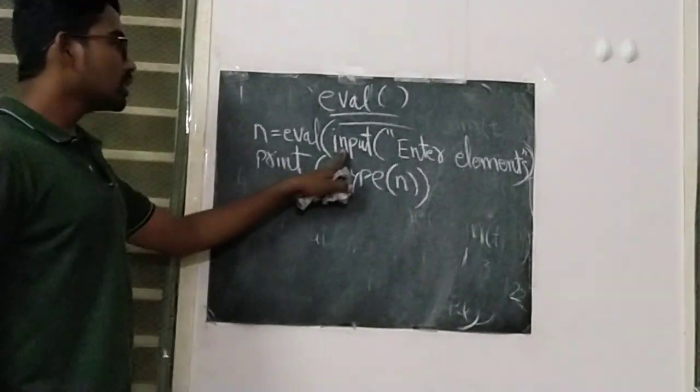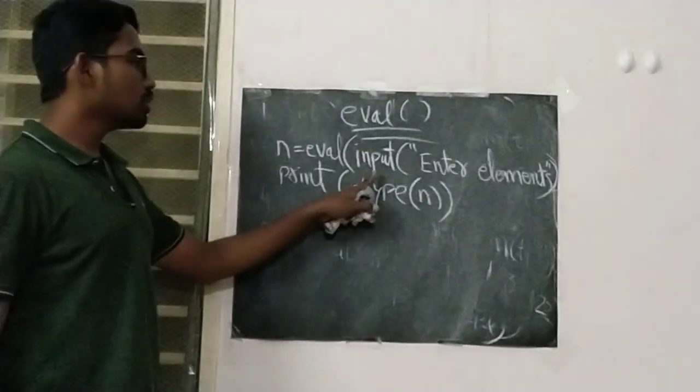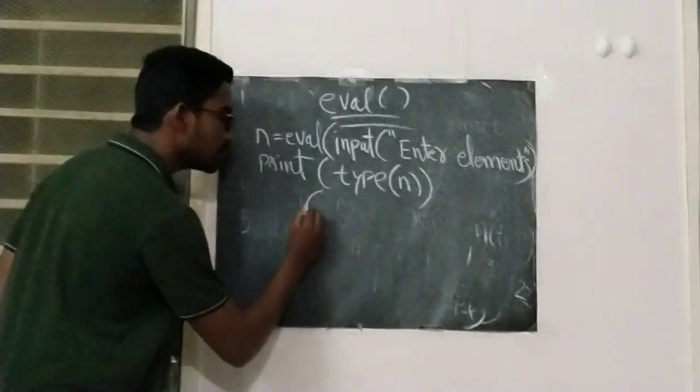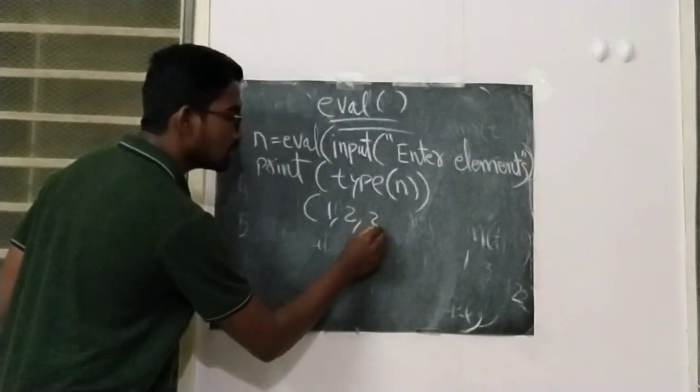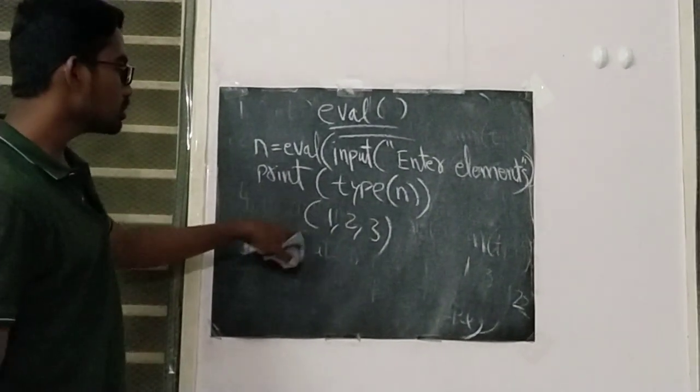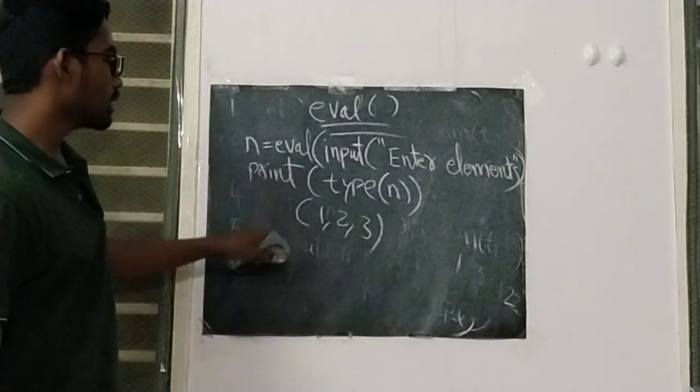Now when the input function is executed, the program asks the user to enter elements. If you enter the elements within parentheses in this format, the type of n will be tuple because it is enclosed within open and closed parentheses.